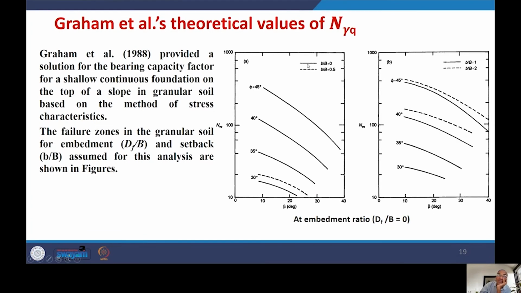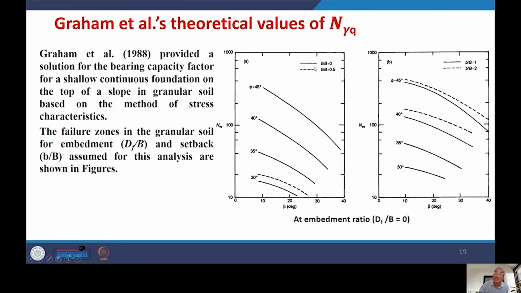These curves belong to different b/B, and are for different values of phi, 30 degrees, 35 degrees. So b/B equal to 0.5 is the dotted line, and b/B equal to 0 is for the other lines.